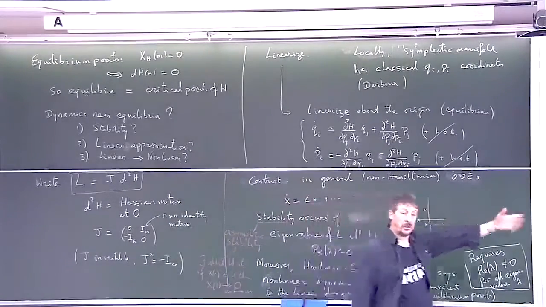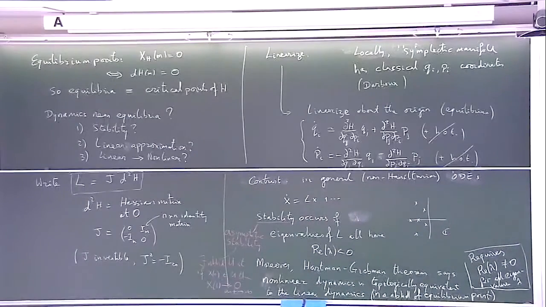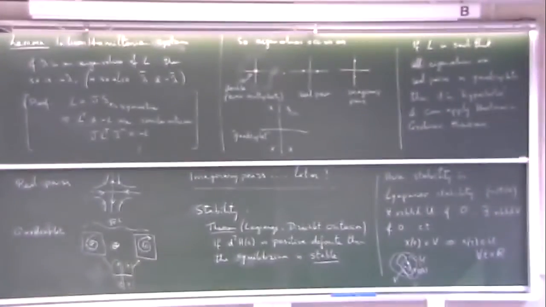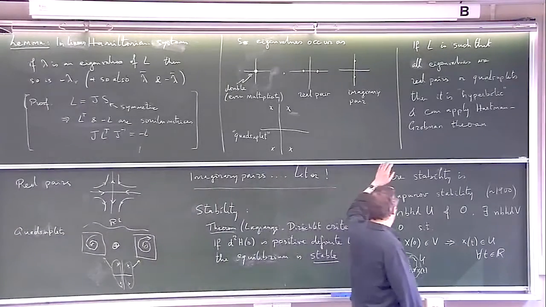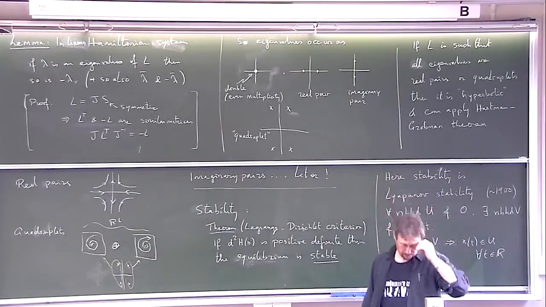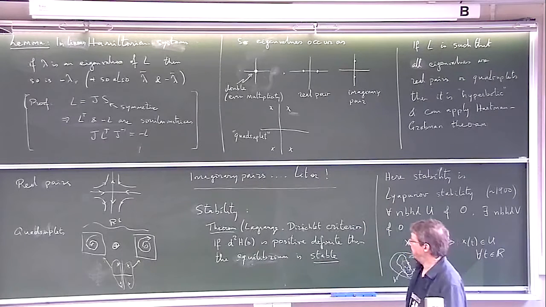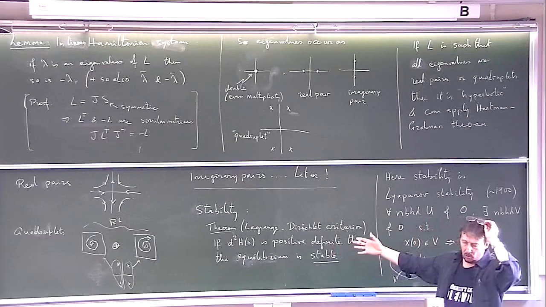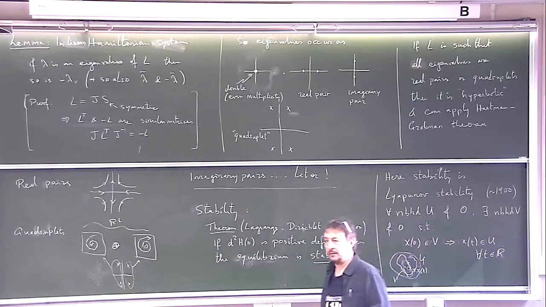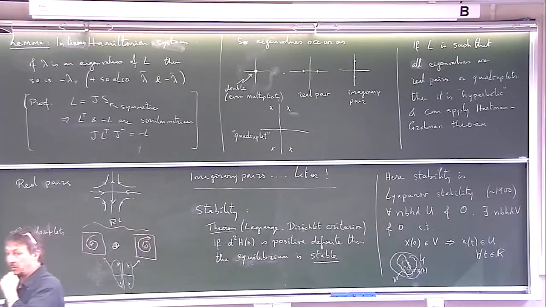Lyapunov wrote it in terms of epsilons and deltas. Nowadays we write it in terms of open sets, but it's the same. And essentially that is almost the only method to prove stability for a Hamiltonian equilibrium point.